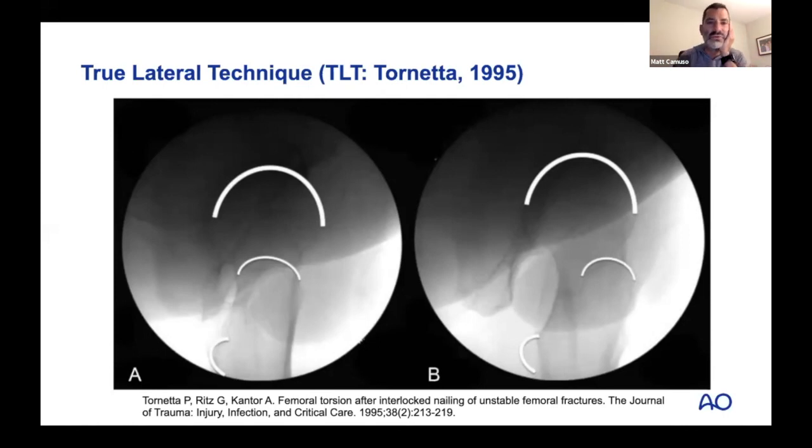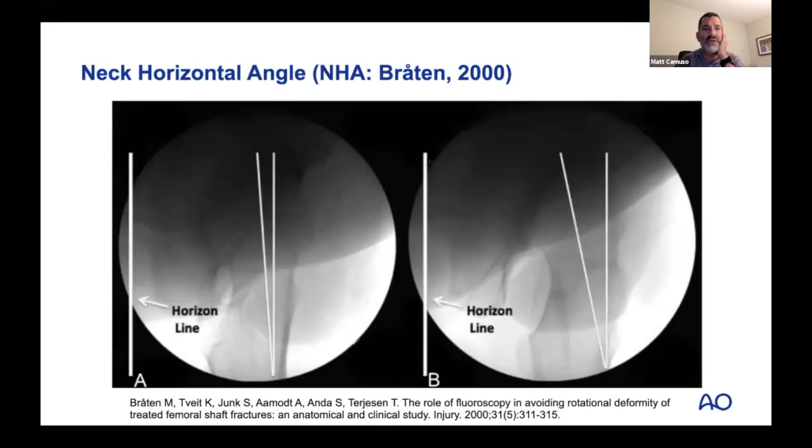That's the true lateral image. Then that angle that you get with the C-arm is the version that you try to correct and make identical on the contralateral side. This is probably the oldest technique that has been reported, and it is at least somewhat like what Brett will describe.